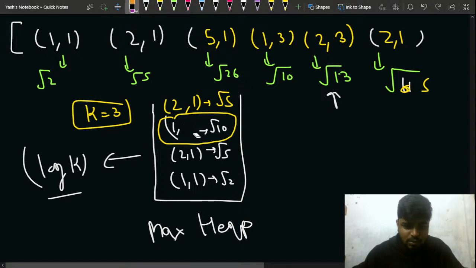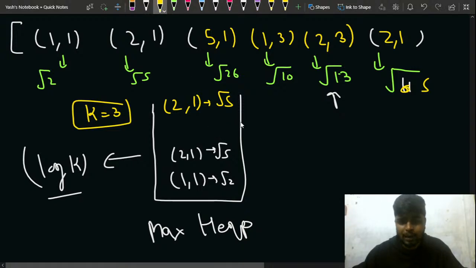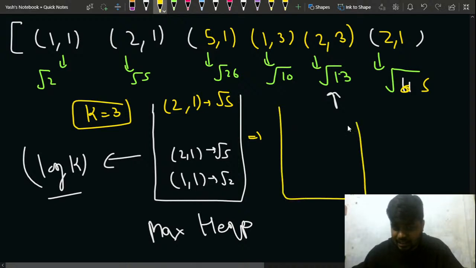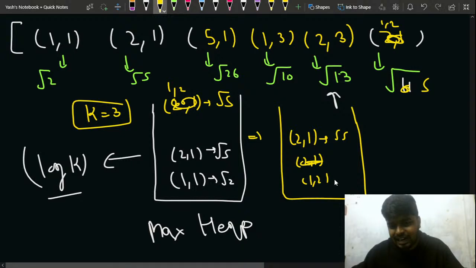Once this gets popped out, in the result I will have only these k points, that is 3 points: 2 comma 1, at a distance of under root 5, 1 comma 2, which is also at a distance of under root of 5, and 1 comma 1, which is at a distance of under root 2.